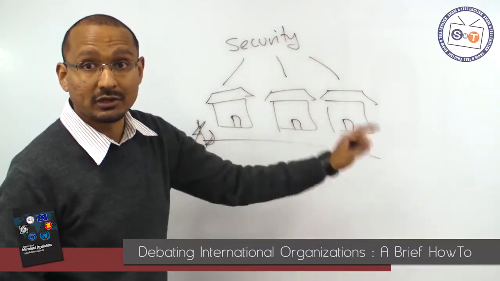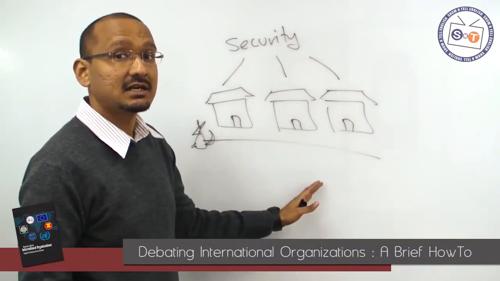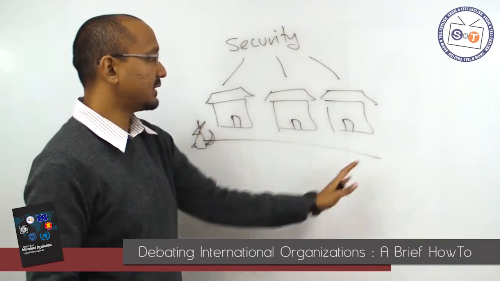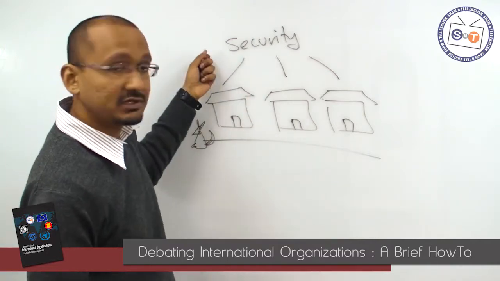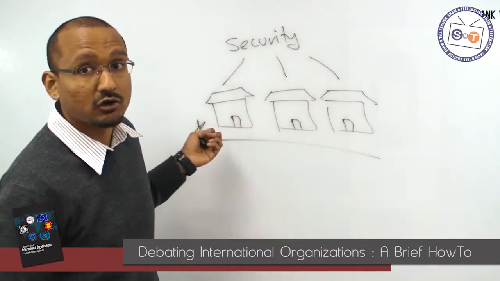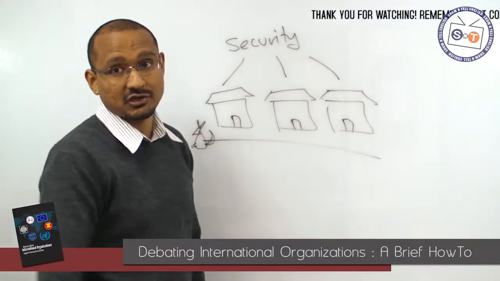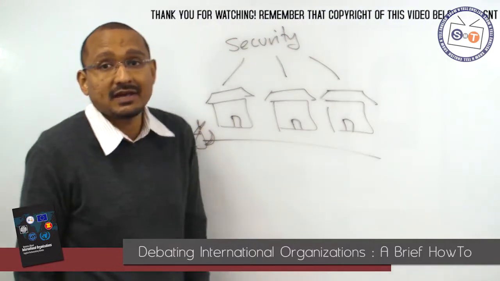So they form an organization, and many international organizations are just this: different countries, right, who pool together because of some common interest. Now that common interest can be security, that common interest can be the economy, or sometimes that common interest is just that we live close to each other, and if you live close to each other, your problems will tend to affect each other.